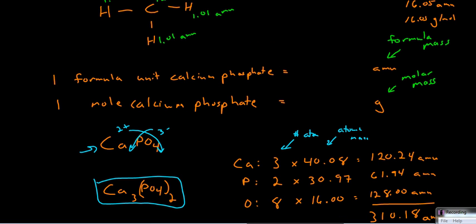So the mass of a mole of calcium phosphate is 310.18 grams. But also, the mass of a single formula unit of calcium phosphate is 310.18 atomic mass units. We call this the formula mass, the mass of a formula unit.